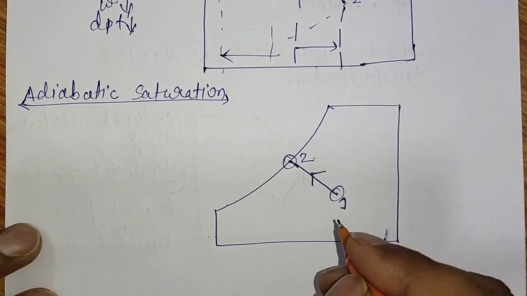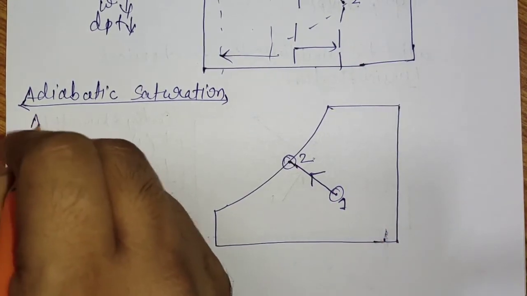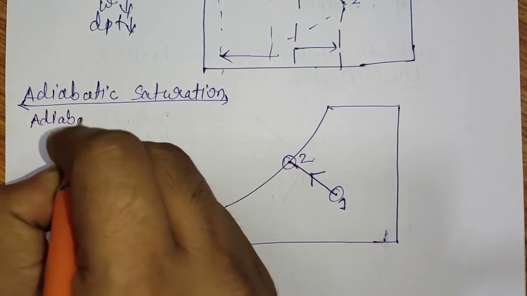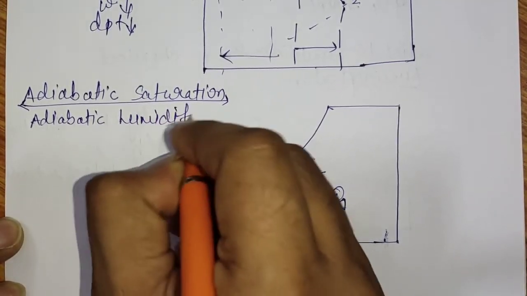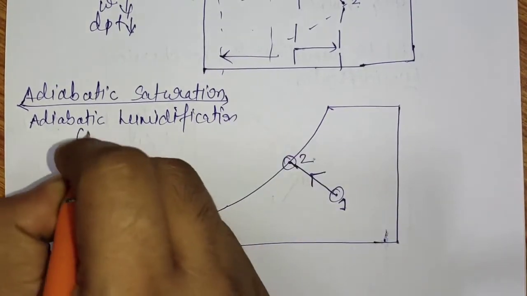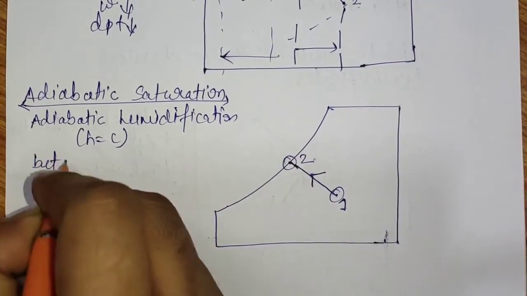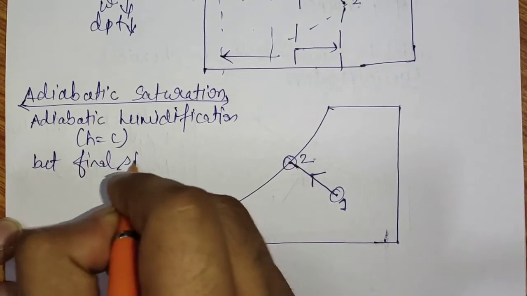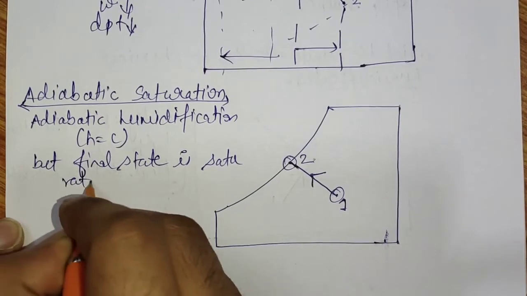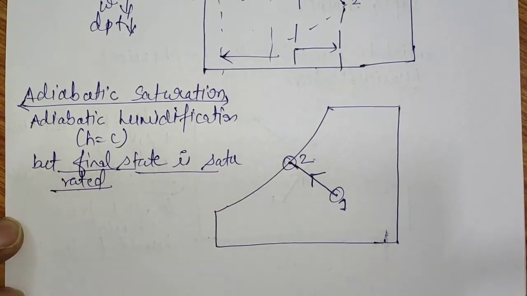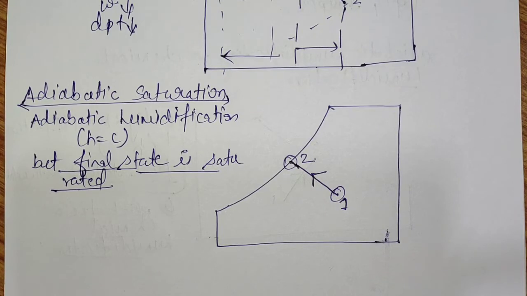This is adiabatic humidification itself, in which the enthalpy remains constant but the final state of the moisture is saturated. This is adiabatic humidification, along with the final state being kept at saturated condition. Therefore the above process is known as adiabatic saturation.